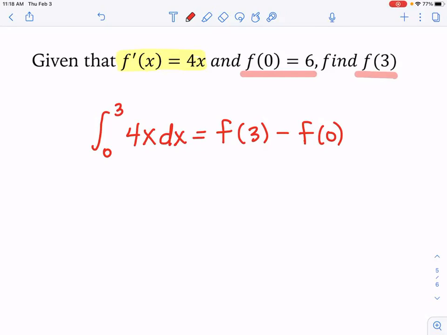We don't have to worry about finding our plus c. What we can do is say, all right, I don't know f of 3, but I know f of 0 is 6. I know that the antiderivative of 4x is 2x squared, and we're going to evaluate from 0 to 3.